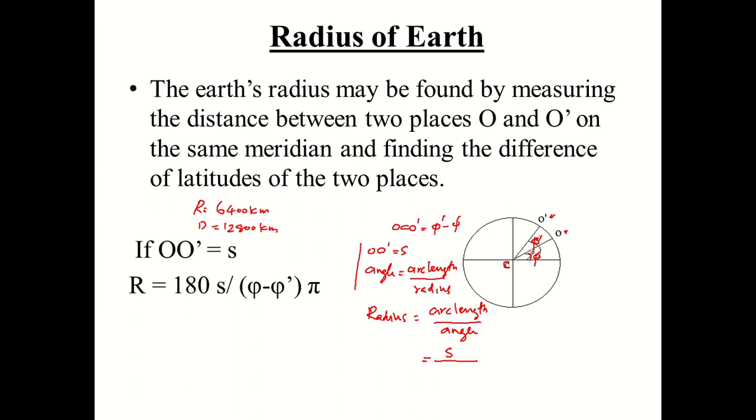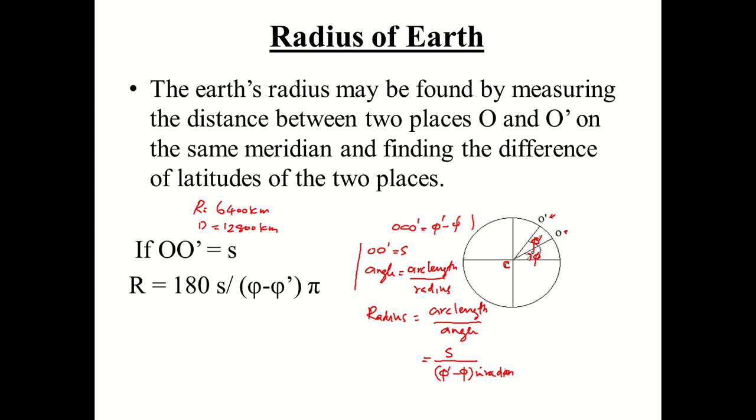Here, the latitude is expressed in degrees, minutes and seconds, so we have to convert it into radians. So phi prime minus phi is the angle, which should be in radians if it is converted into distance.